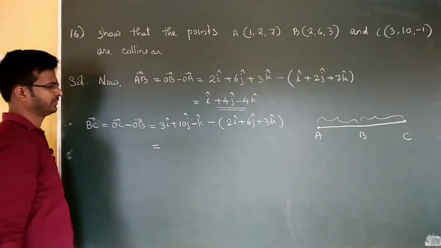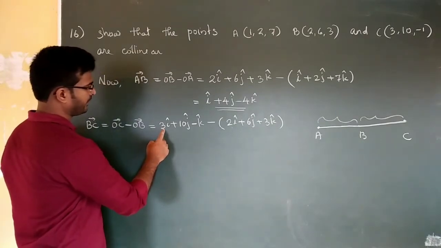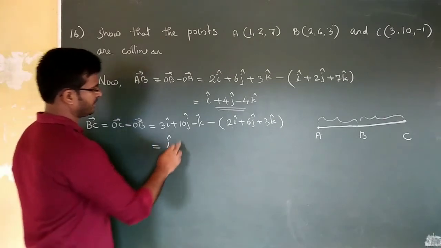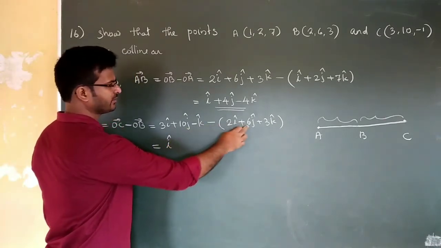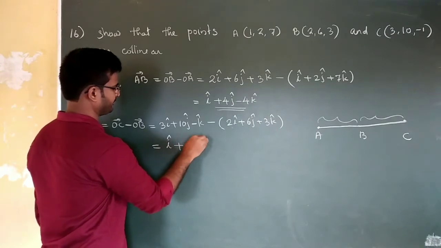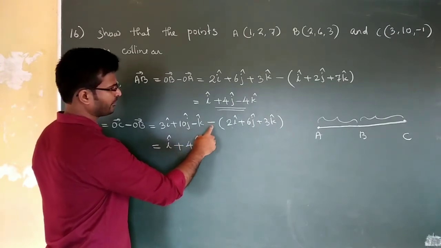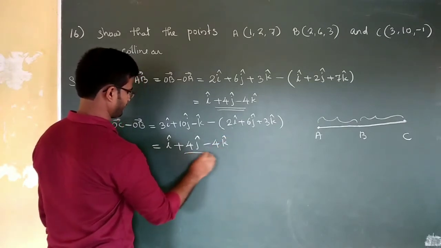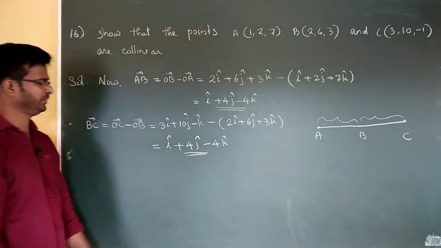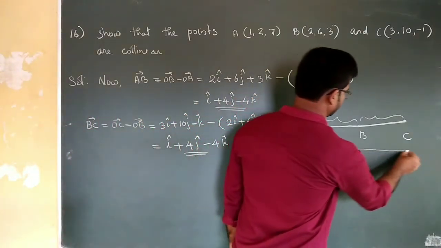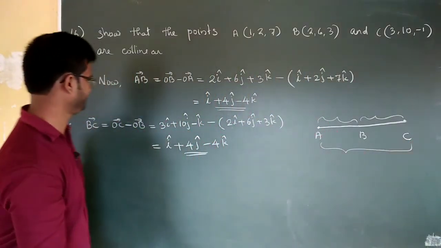We can subtract: 3i minus 2i is i, 10j minus 6j is 4j, minus k minus 3k is minus 4k. This is BC vector. Next we can find out the total, that is AC vector.